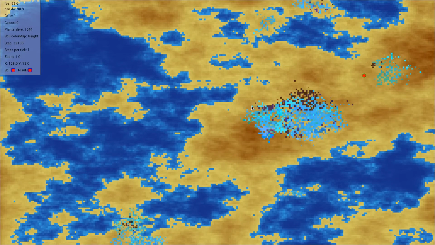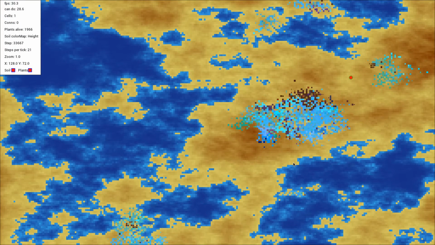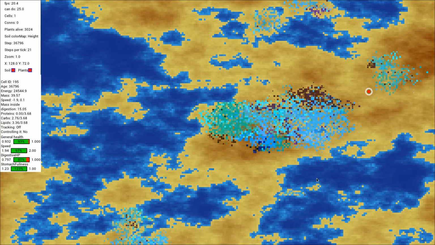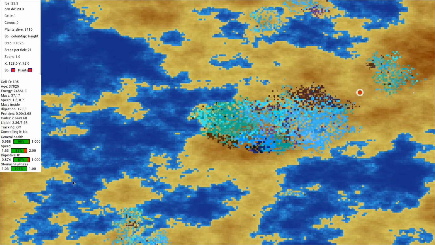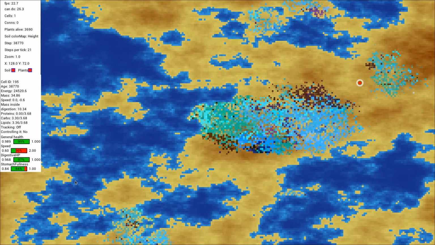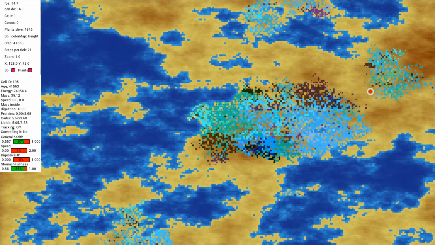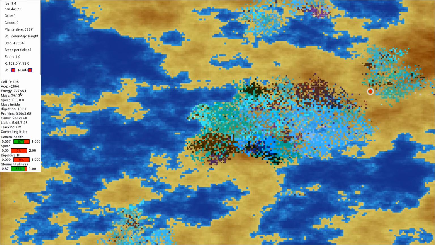This is the general view. Right now my plants are evolving like a general genetic algorithm, and they search all space at once.